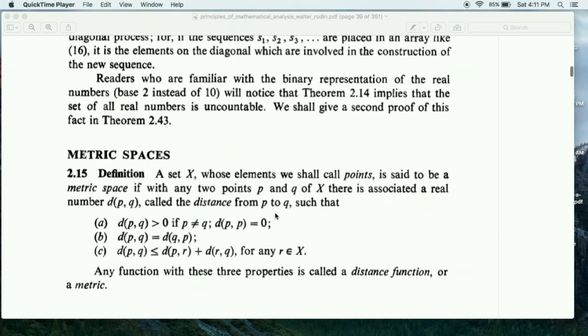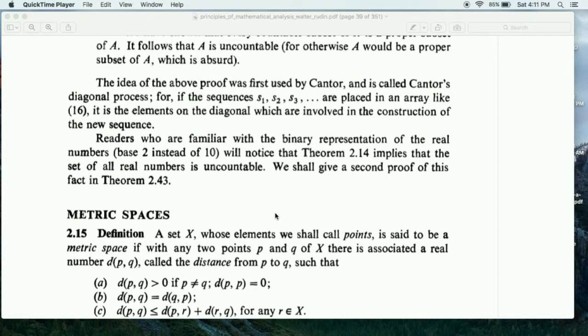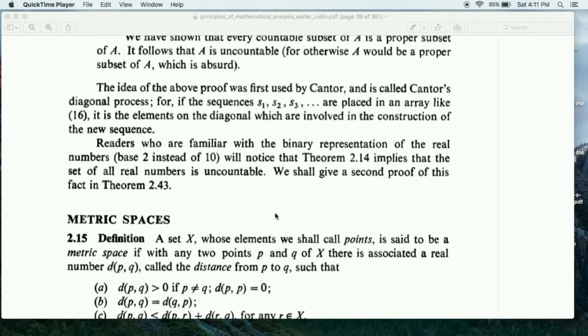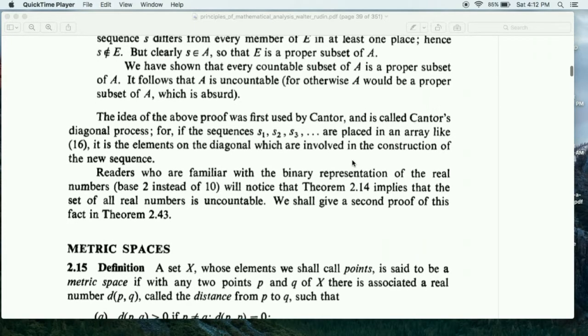Now real numbers can be written in base 2. That is the binary representation of real numbers. And real numbers can be written as sequences of zeros and ones.